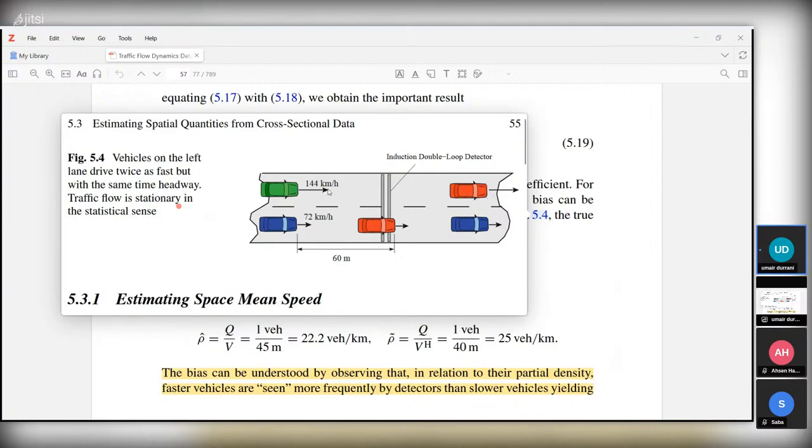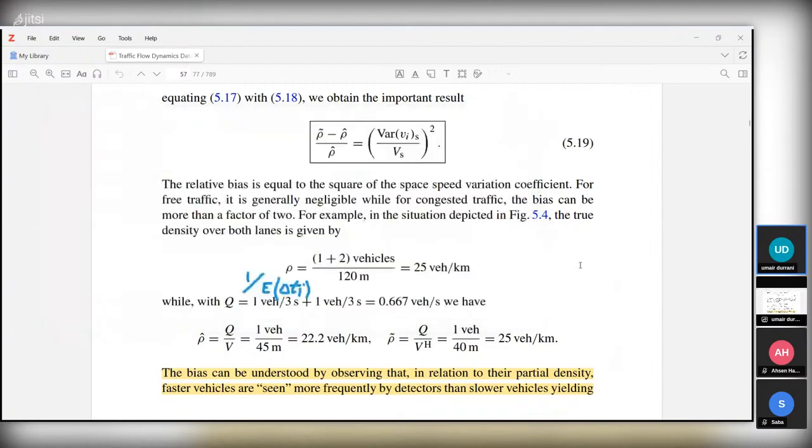Within that 120 meters, in the left lane, we only have one vehicle. We are not counting the one here because it's starting from the front of the vehicle. And we have two vehicles in the right lane, a total of three vehicles. So 1 plus 2, three vehicles divided by 120 meters. That comes out to be 25 vehicles per kilometer.